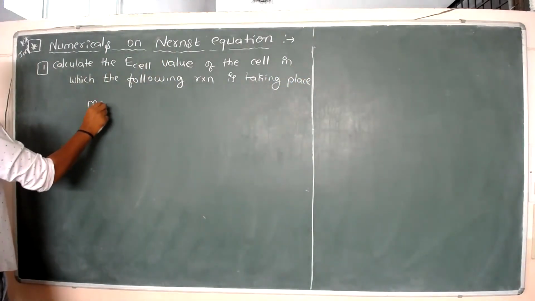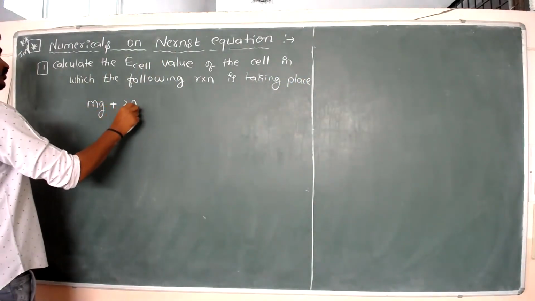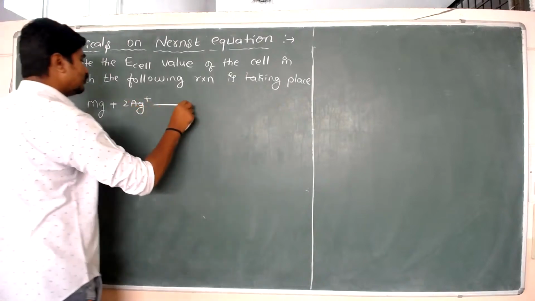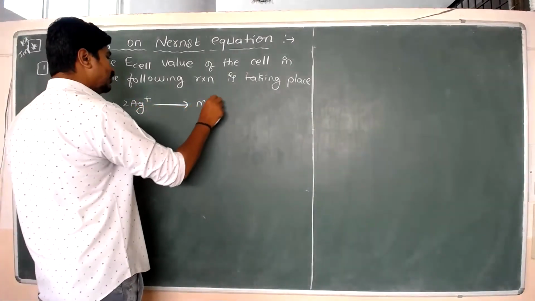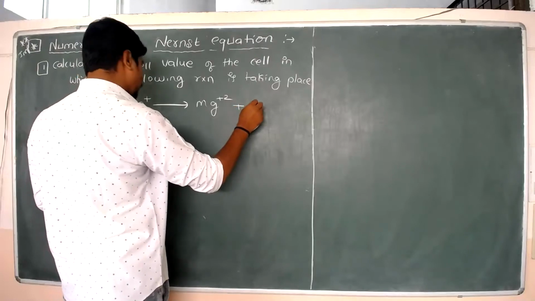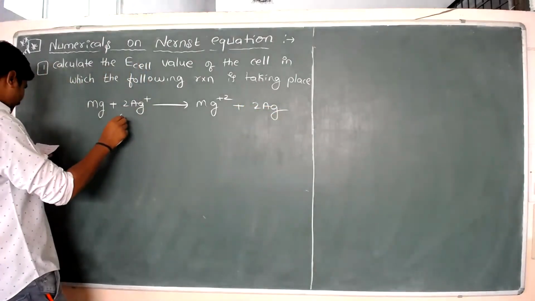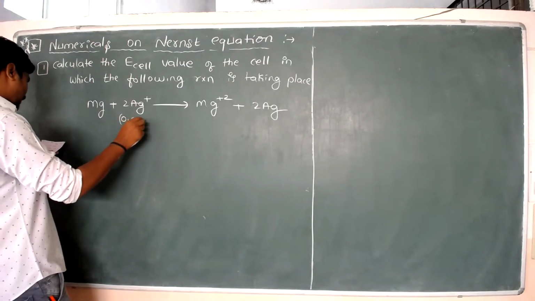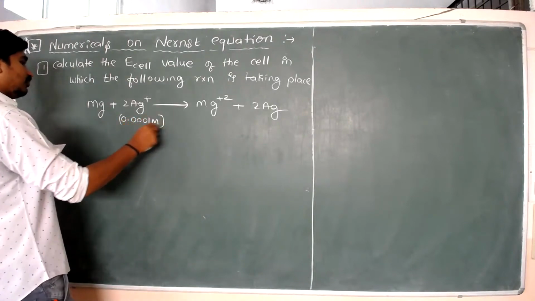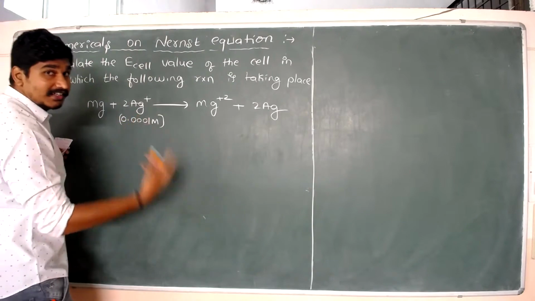The reaction is Mg + 2Ag+ gives Mg2+ + 2Ag. Below that, it is giving concentrations. That is 0.0001 M, the concentration of Ag ions in the reaction.